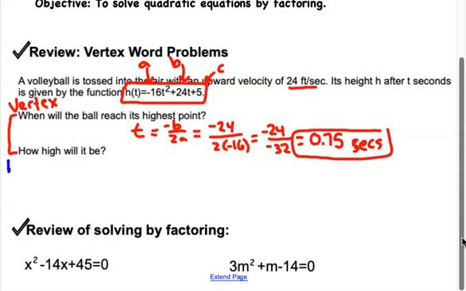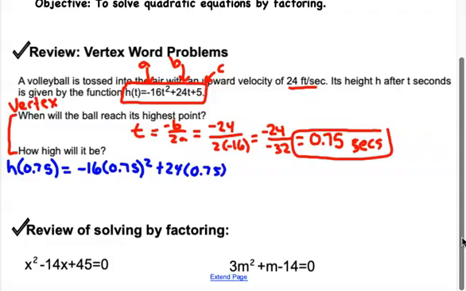We need to plug 0.75, this is just function notation here, into the equation. So we need to put a 0.75 everywhere there is a t. And then we just want to solve that. So you do 0.75 squared, you do that times negative 16, and you get negative 9.